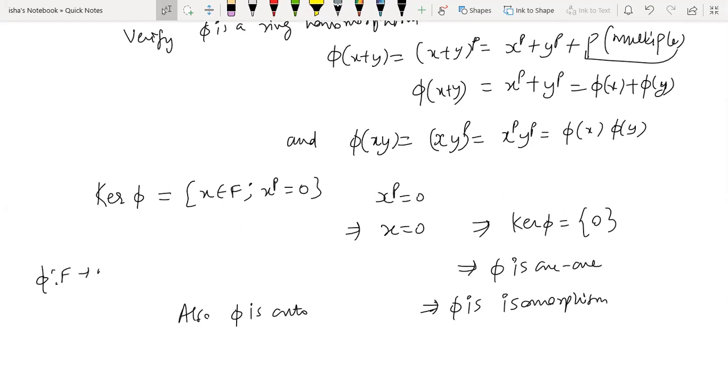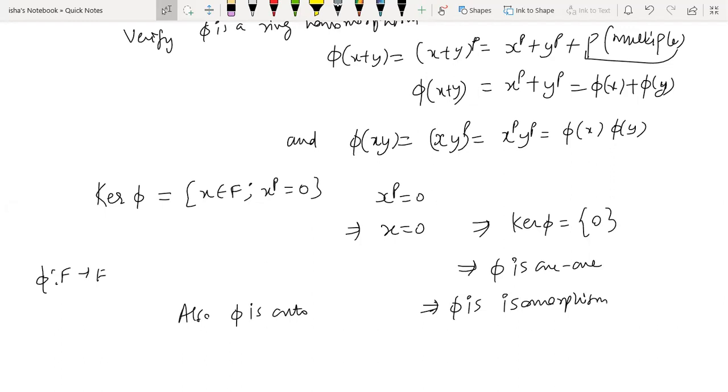Now you are going from a finite set to a finite set and you have proved it is a one-one map, and obviously because it is finite, both sides will have the same number of elements. Okay, we are defining it from the same set to the same set. If they both are finite, the number of elements on both sides is the same.